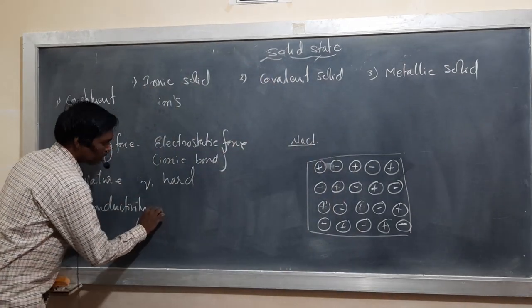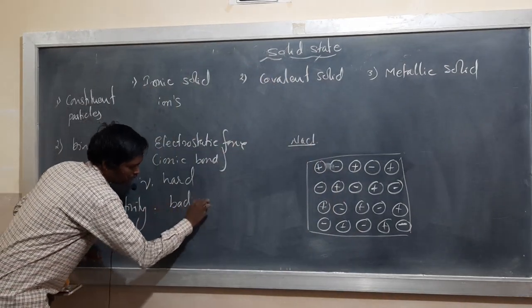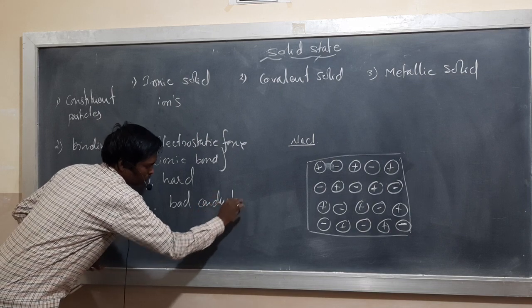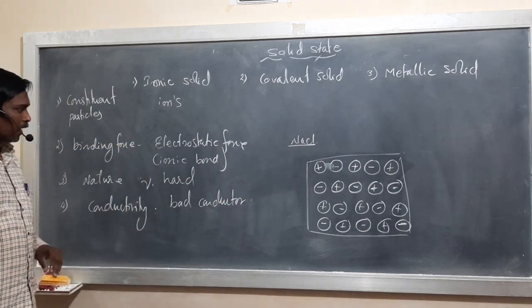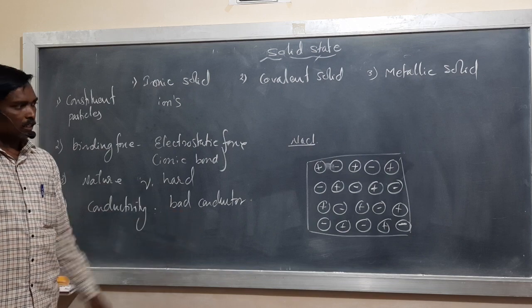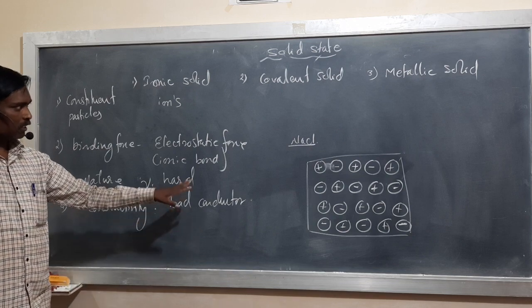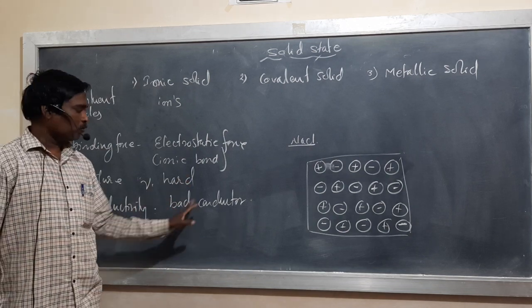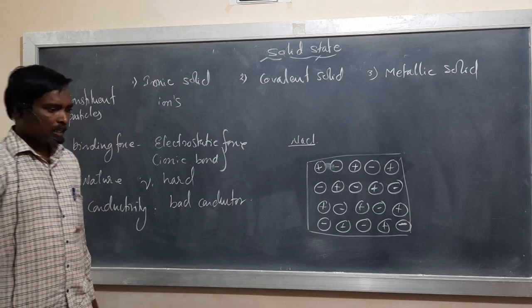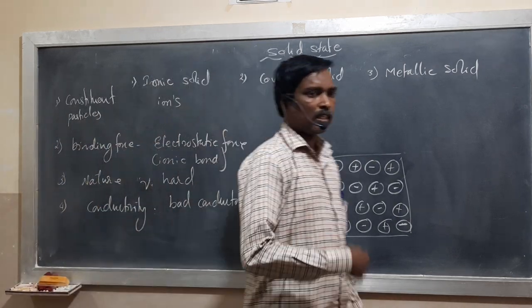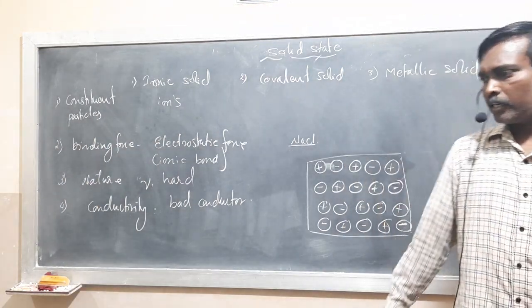They do not conduct electricity; they are bad conductors. First let me explain how we differentiate compounds as conductors and bad conductors. A conductor is one which carries electricity, and a bad conductor is one which does not.